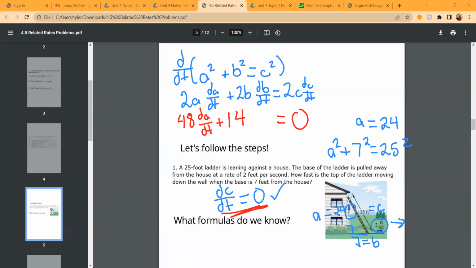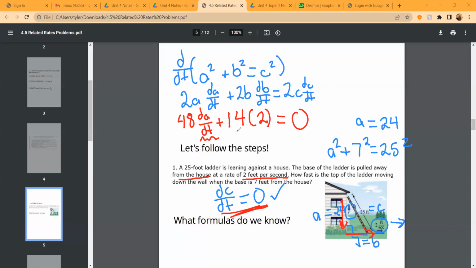And then dB/dt, we're told that moves at a rate of 2 feet per second. And again, this is saying away from the house, which means that this length is increasing, and so this is going to be a positive dB/dt. Whereas what we're solving for, dA/dt, is going to be negative because it's sliding down the house, and so that's going to be decreasing.